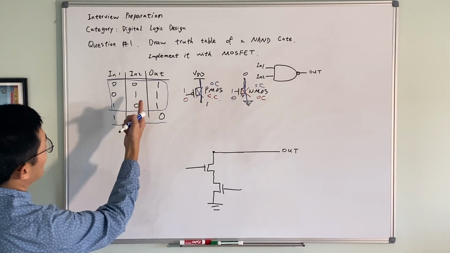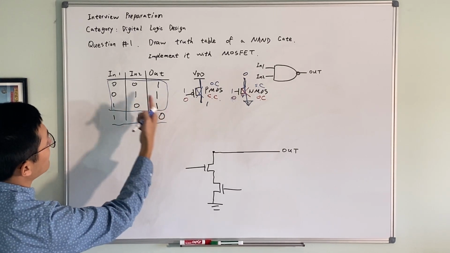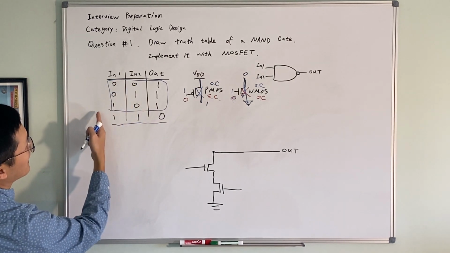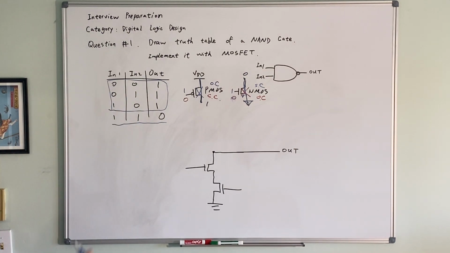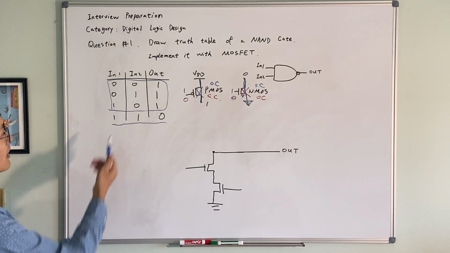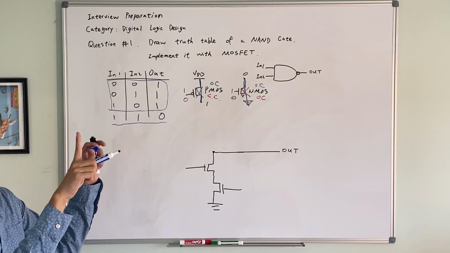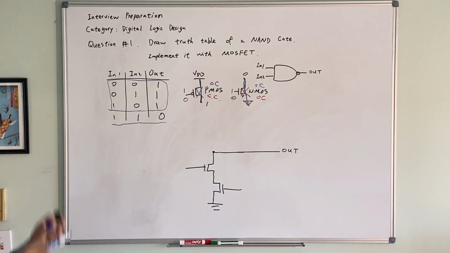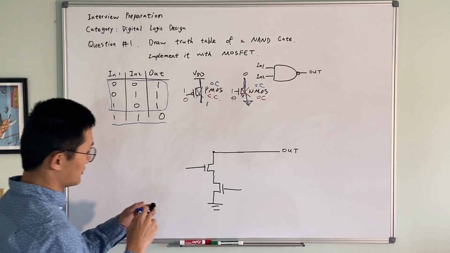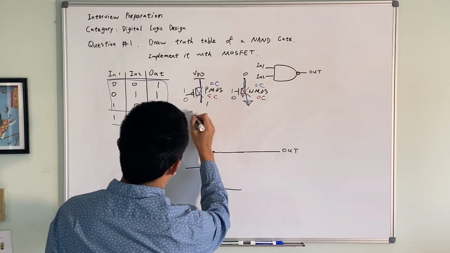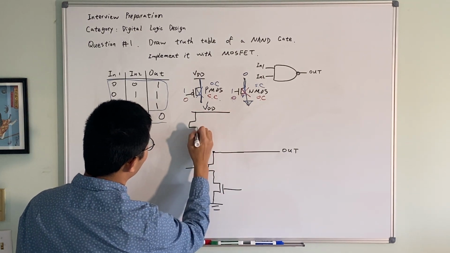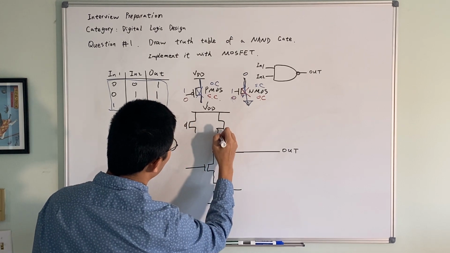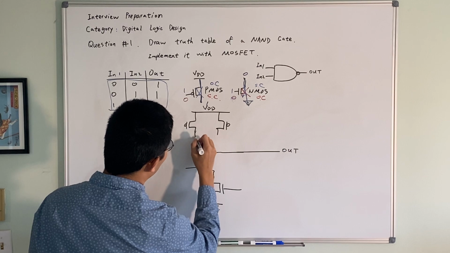And this would hold if at least one of the two inputs, or in certain cases both input 1 and input 2, are at 0, the output would be a 1. So think about it, what kind of circuit configuration would give us that kind of logic? It should be a parallel configuration. So this would tell us that on the VDD side, the pull-up network, you should have two PMOS connected in parallel.